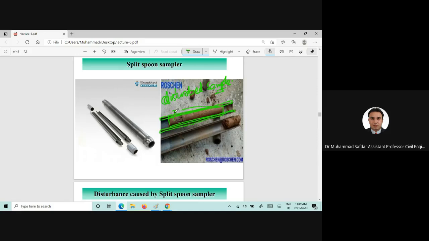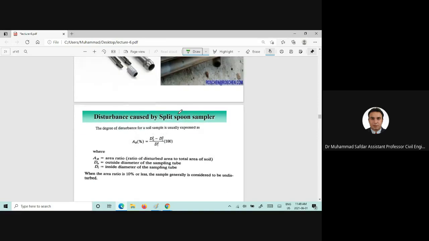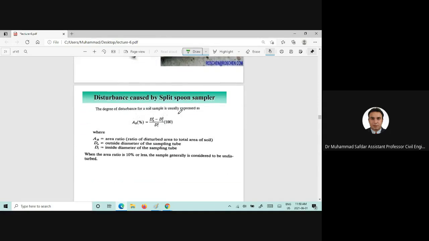Due to that, those samples would be significantly disturbed ones. Now, you cannot perform highly advanced tests, for example, direct shear test or the triaxial test or resonant column test or the local strain test or the bender element test on these samples. The reason behind that is it's significantly disturbed, but you can measure the moisture content, or you can perform the grain size distribution test on these types of samplers or the samples.